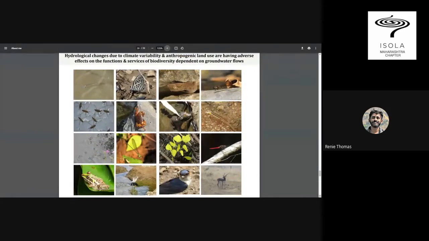This slide, I wanted to emphasize in terms of biodiversity, because for the past 5 years, I've been looking at how biodiversity is sustained and how certain functions and services by the biodiversity enhance water quality. For example, a fish eats algae in the stream. There are proxy indicators, like a water strider will give certain understanding of the water quality in a region.